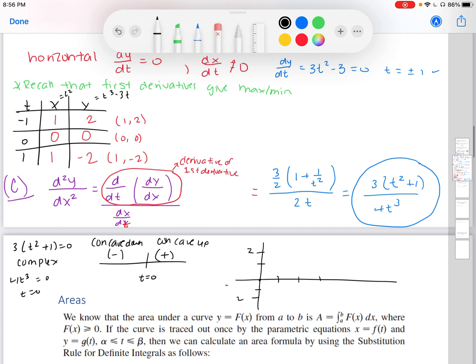So let's do a quick Cartesian plane. So we have the points (1, 2), (0, 0), and (1, -2). We also have the point (3, 0), which was given.